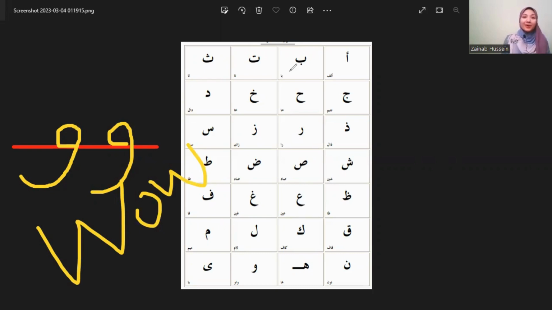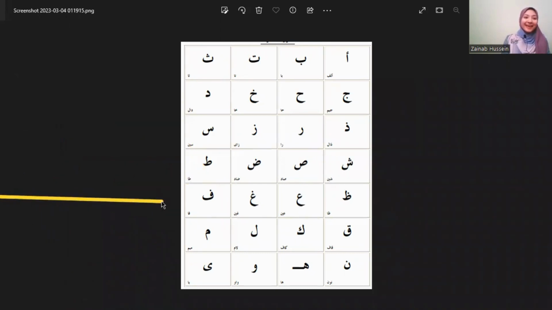The last one is ya. I'm not saying yeah. It's the ya letter, which is like a big S at the end. So it looks like the S letter, but it takes a wider size. Ya.